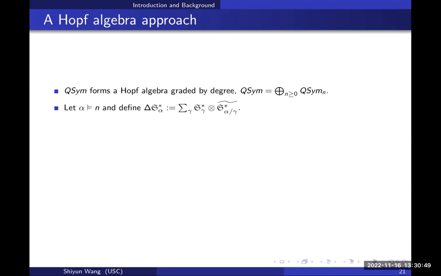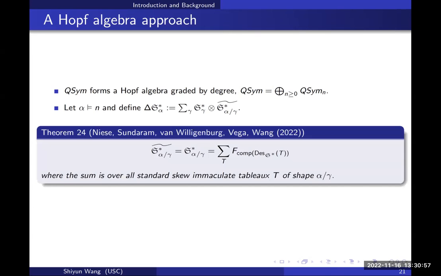We don't know what it looks like at this point, and the sum is ranging over a pair of indices. And we actually proved that this skew element agrees with the definition that we got from the tableau, the generating function of the tableau. So these two definitions agree.